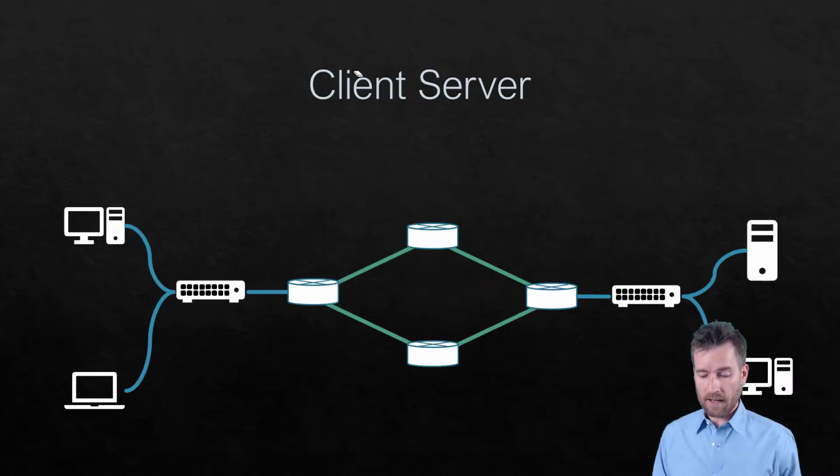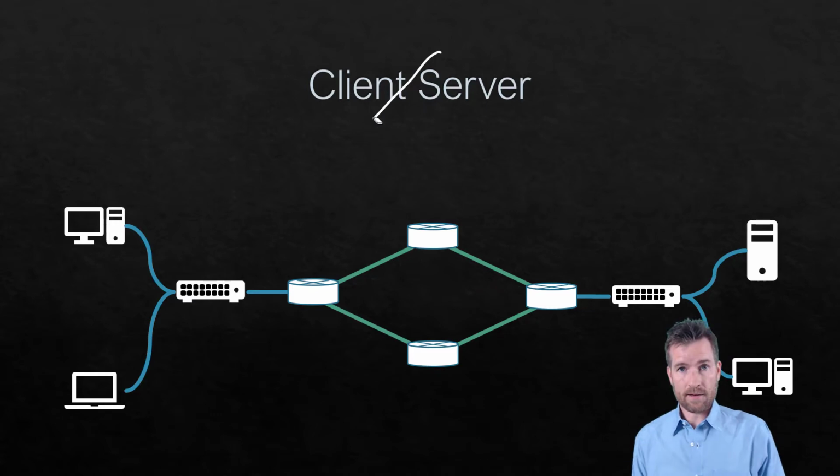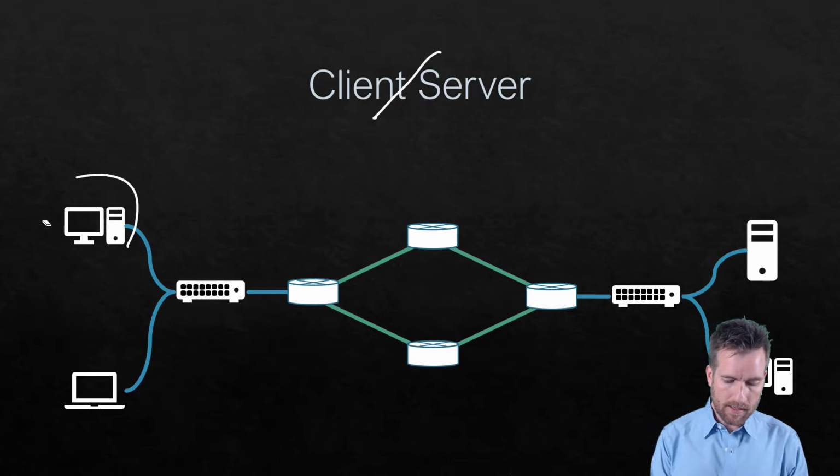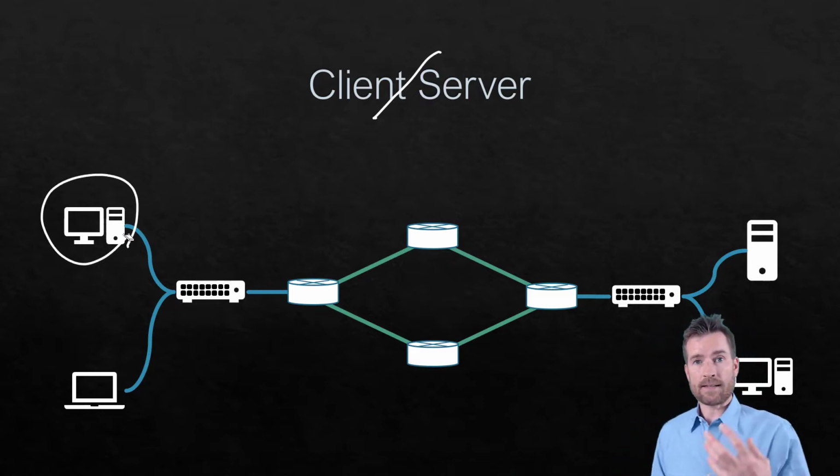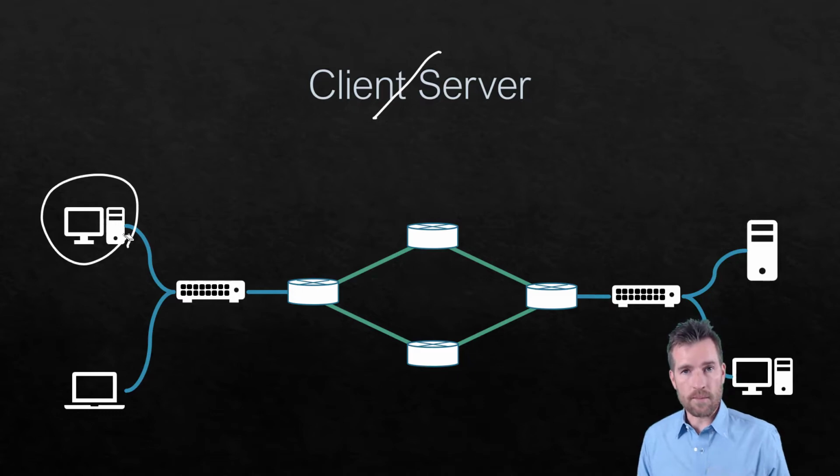Then we have client-server, which is a relationship. A client needs some sort of services, versus the server actually distributes or fulfills those services. In this example, let's say this desktop has several client processes running on it. Perhaps one of them is DHCP or one of them is DNS.